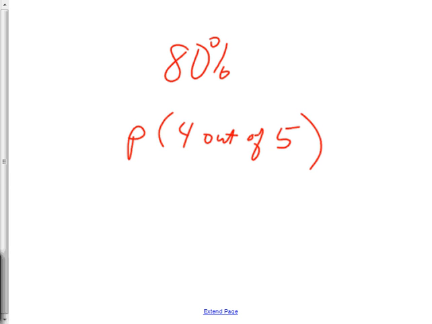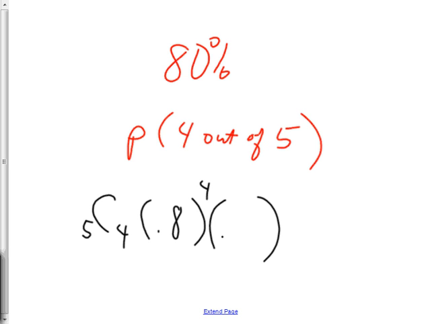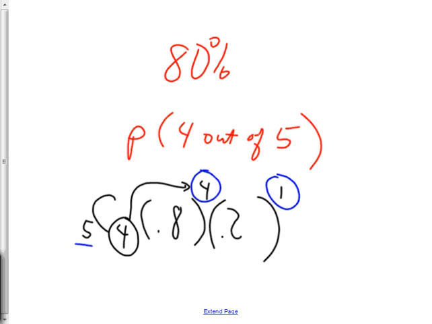All right, so Miss RR is telling me the answer. She said I should do 5C4 and then 0.8 to the fourth, 0.2 to the first. And you can tell if you're doing this right, kind of at least, by making sure that these two add up to 5.